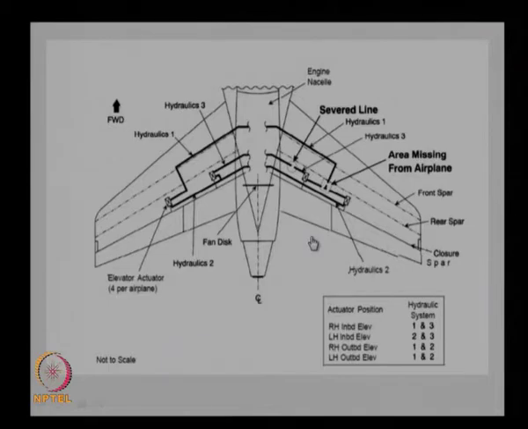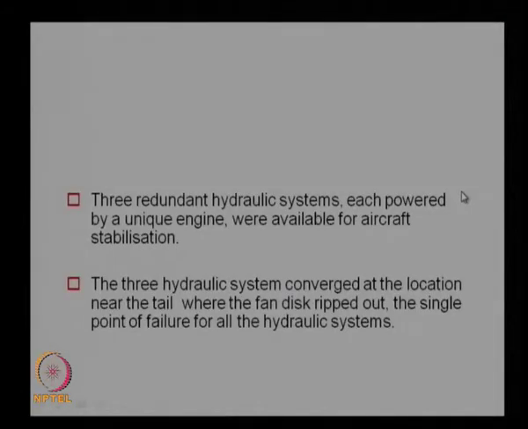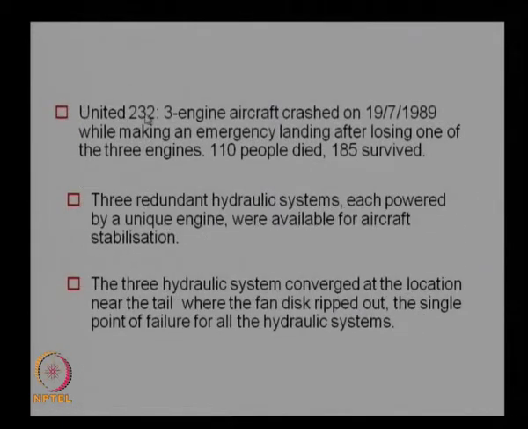In physical architecture development we will look at these aspects and develop sufficient redundancy in the system in terms of physical elements or software algorithms to overcome any kind of emergency scenario. So this is the case study which I have explained: United Aircraft with 3 engines and 3 separate hydraulic systems, which failed because of the single point failure.